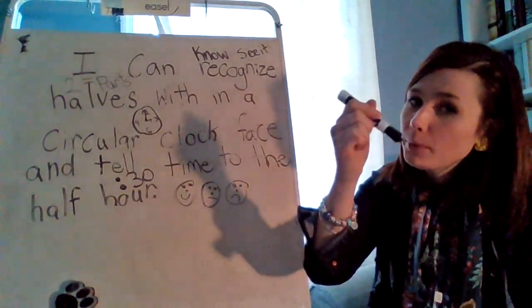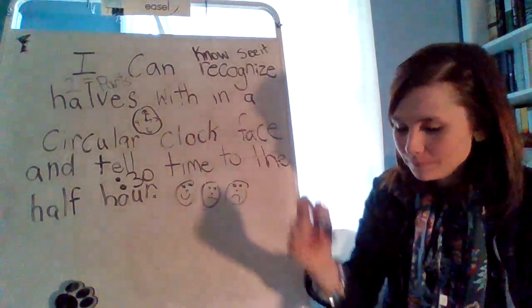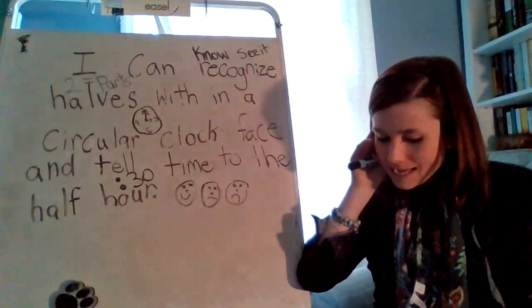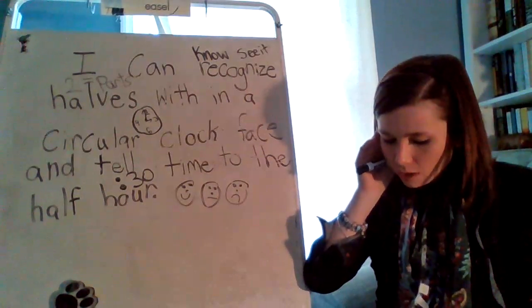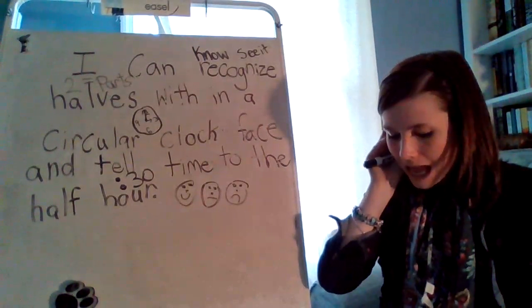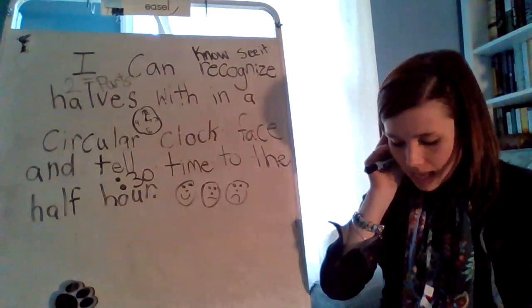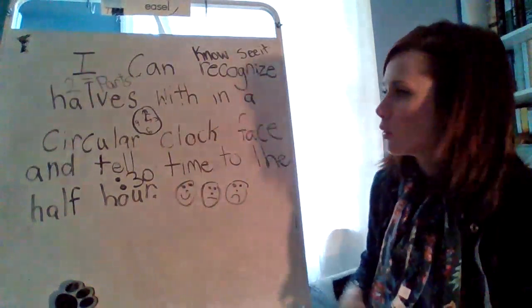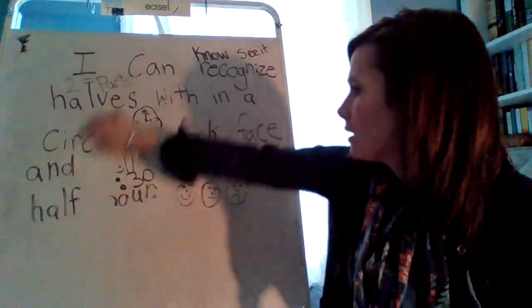Get that marker moving and grooving. All right. Ben is a clock collector. He has 8 digital clocks and 5 circular clocks. How many clocks does Ben have all together? I'm going to let you get moving and grooving. I'm going to erase my board so I can do it with you.